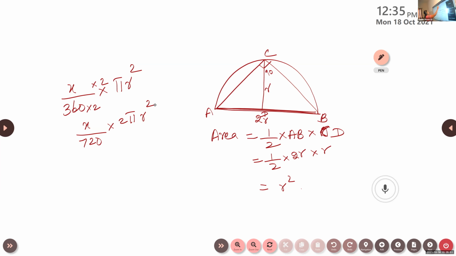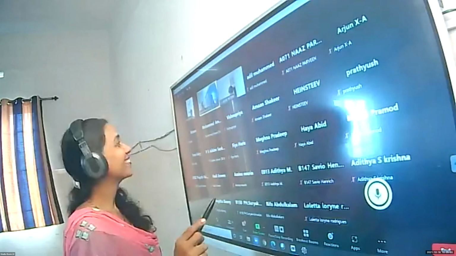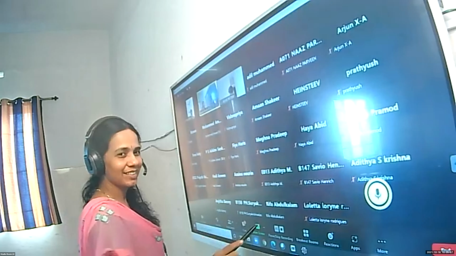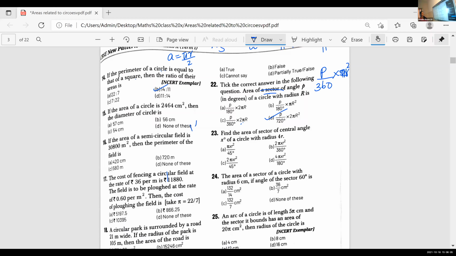Look at the next one. What about the next one? Find the area of the sector of central angle x degrees of a circle with radius 4r. With central angle x and radius 4r.